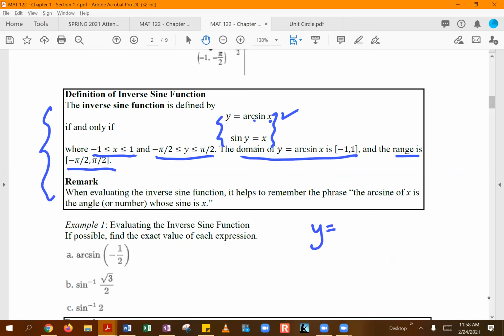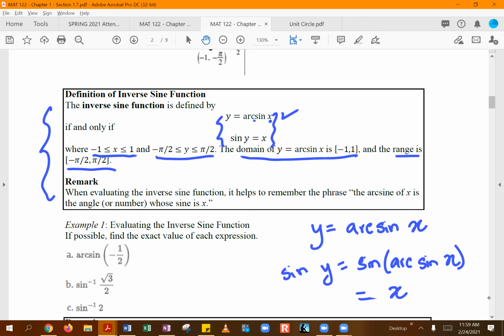If you think about it, when you have y equals arc sine of x, I am almost applying the sine function on both sides of my equation, kind of like multiplying both sides of your equation by 2. And what happens is, in a way, the sine and the arc sine, being inverse functions, cancel each other out. So you're left with x on one side and sine of y on the other.